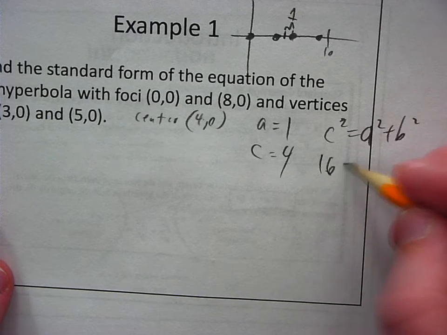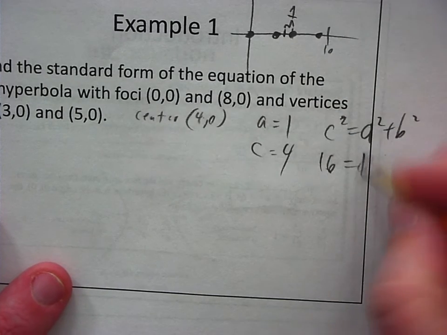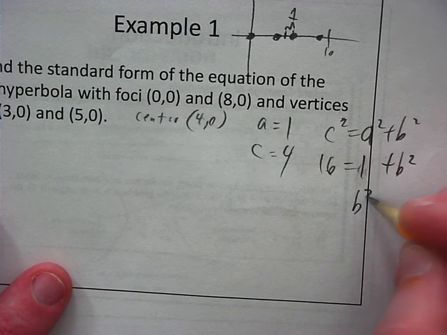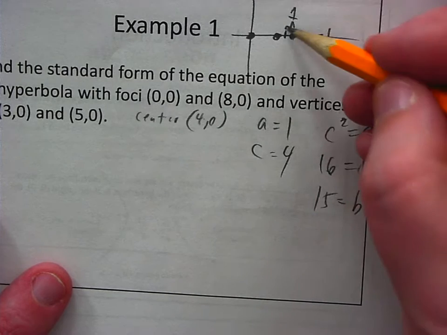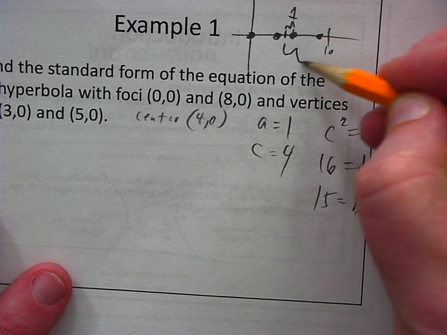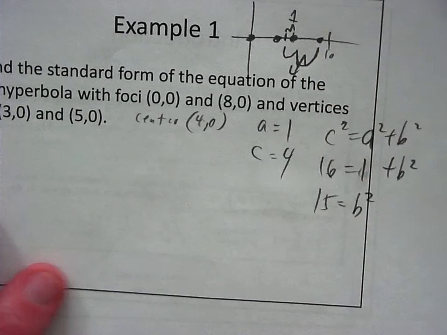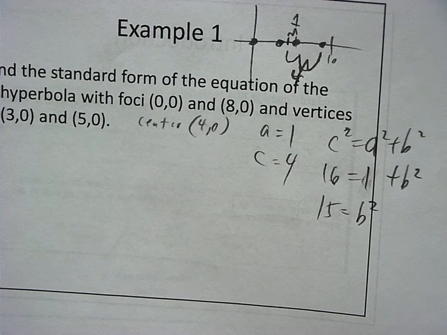So you have 16 is equal to 1 plus b squared. So b squared is equal to 15. 4 is from the center out to this point. So that's your C value. It's from center out to the focus, either focus.